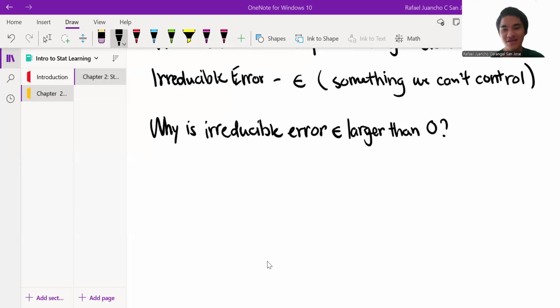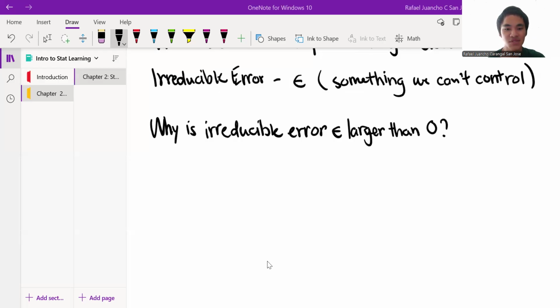So the quantity epsilon may contain unmeasured variables. Maybe we omitted some data that may be useful in predicting our output or y, our response. Since we don't measure them, we cannot measure the irreducible error, and so that means F cannot use them for its prediction. I'm starting to get it, but we'll probably understand this a bit more through coding examples and stuff like that, which we'll get to in the future.